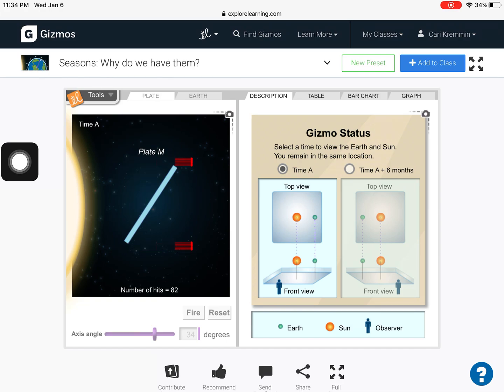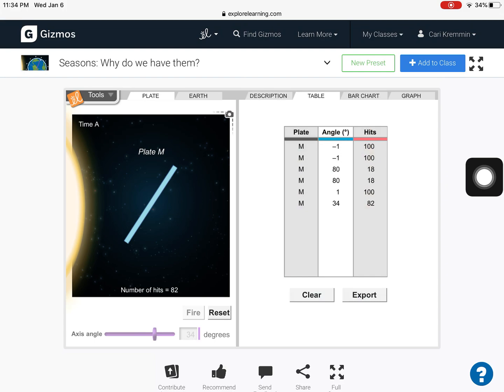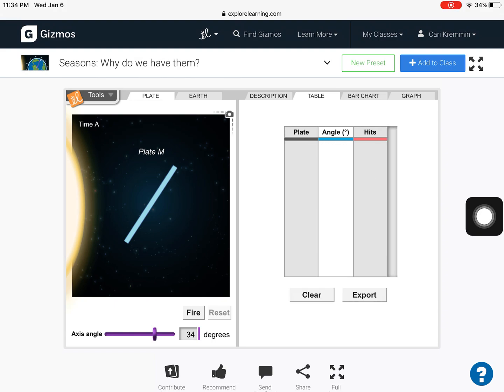Okay, you can see the hits down here. You can also see the table here. So if you want to just kind of work harder, you want to clear it.